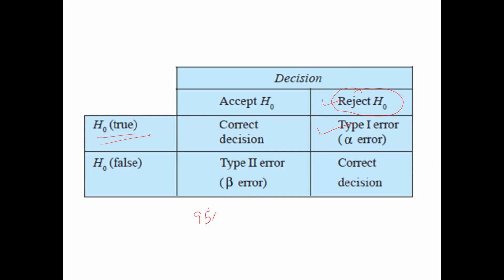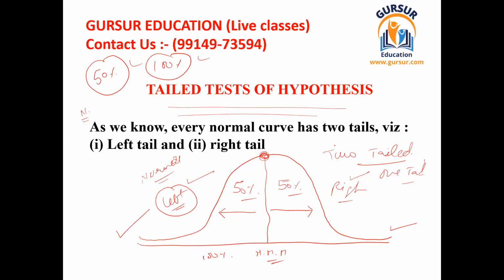Because if you are 95% confident, there are 5% chances that you can take a wrong decision. And if you fall in that 5% category, then certainly you shall commit either a type 1 or type 2 mistake. So this is how the level of confidence is related to the null hypothesis.